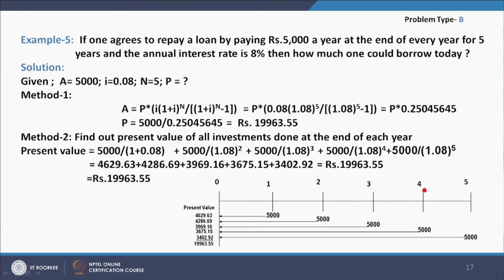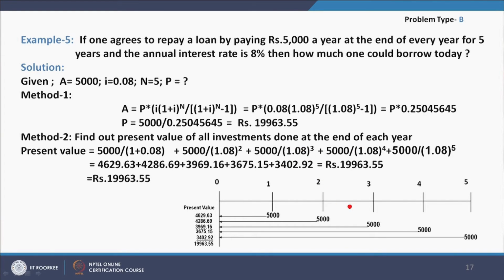Similarly, the value invested at the end of the fourth year will generate a present value equal to 5,000 divided by 1.08 to the power 4, and the present value is this.